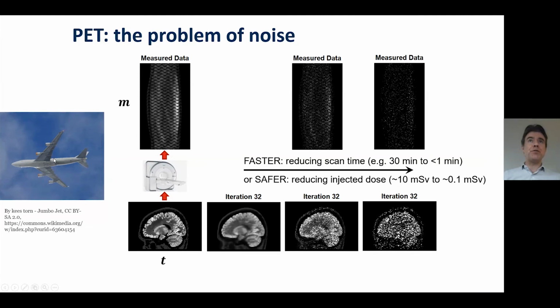I've put a copy of a photo of a jumbo jet here because that's behind this idea of reducing dose to maybe the 0.1 millisievert level. So maybe a factor of 100 reduction would get your PET dose to be something like an intercontinental flight, which would be quite appealing. But anyway, we need to regularize to compensate for that noise problem.